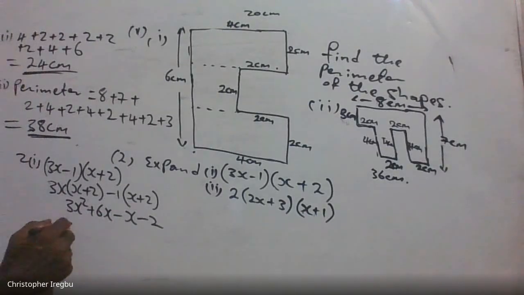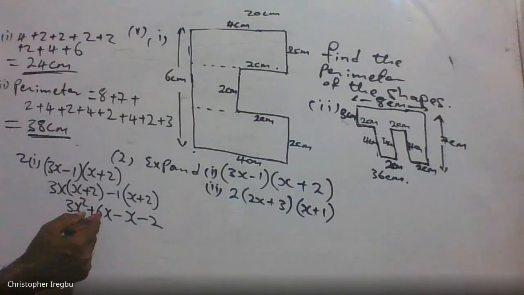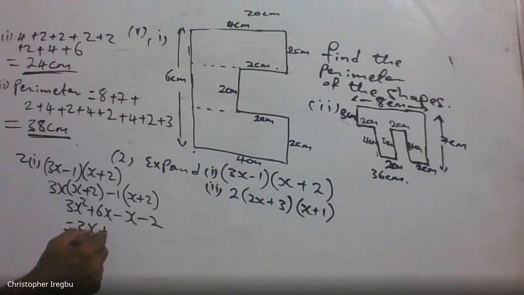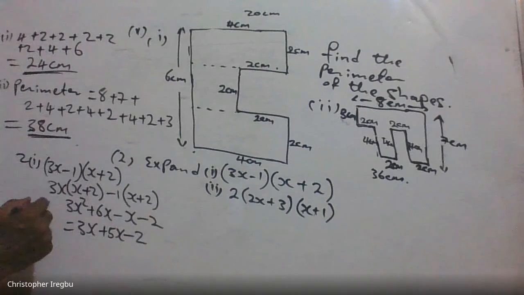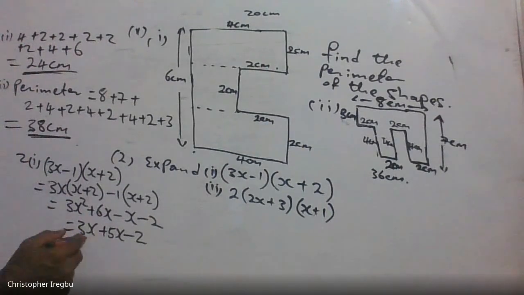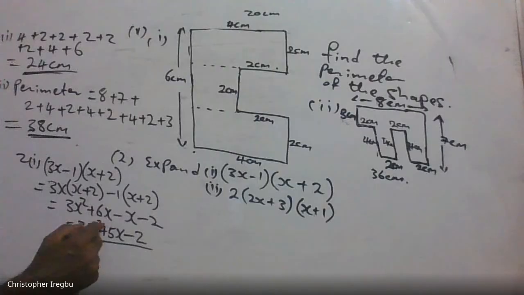So this is going to be equal to 3x squared. 6x minus x is going to give us plus 5x, then minus 2. So this is the answer: 3x squared plus 5x minus 2. That'll be the answer to that.